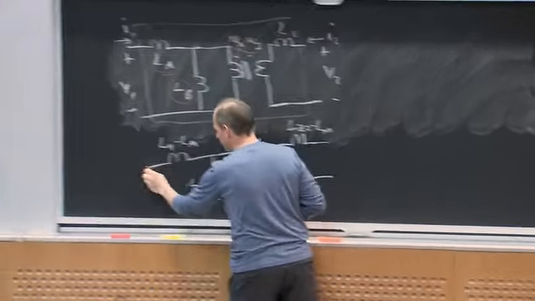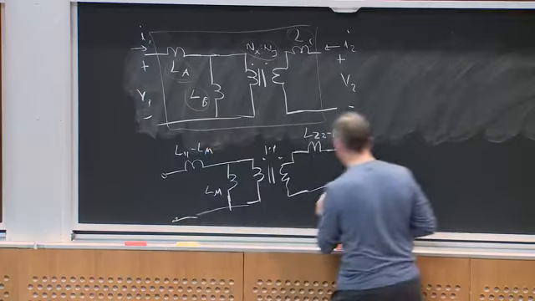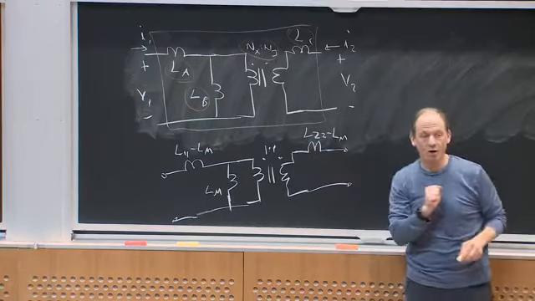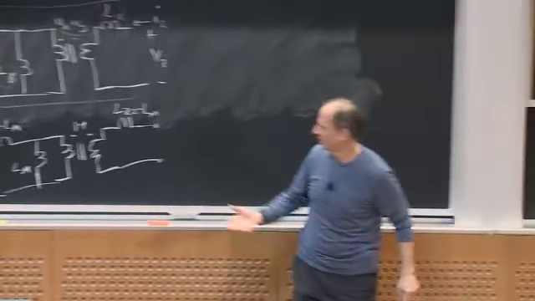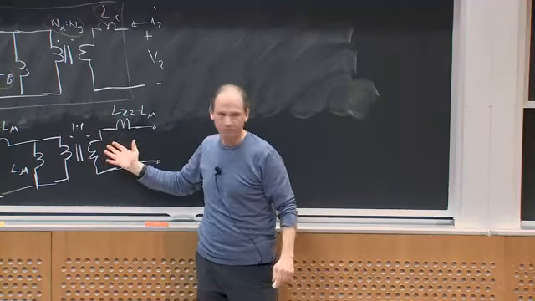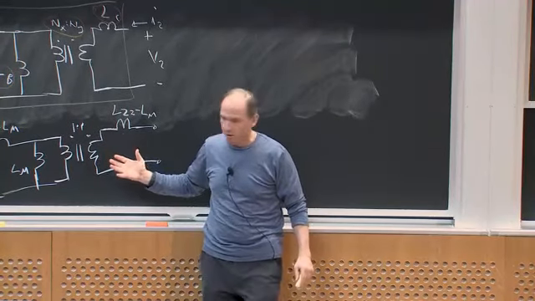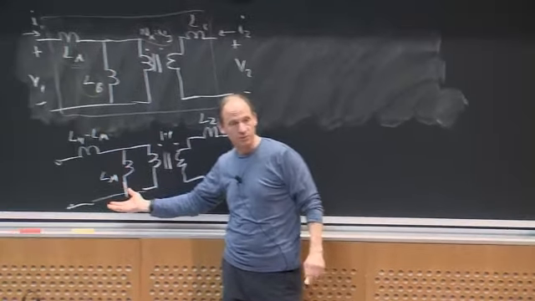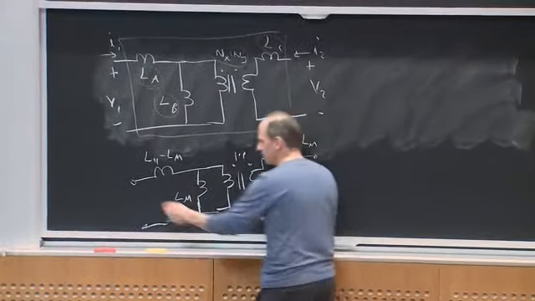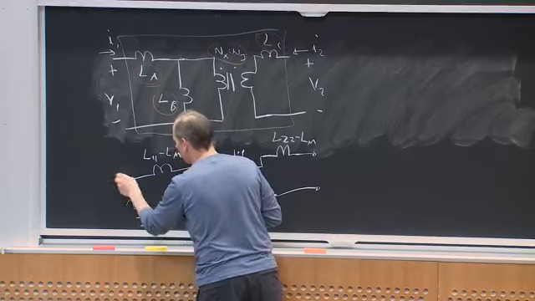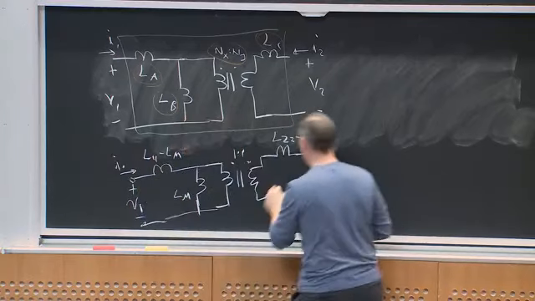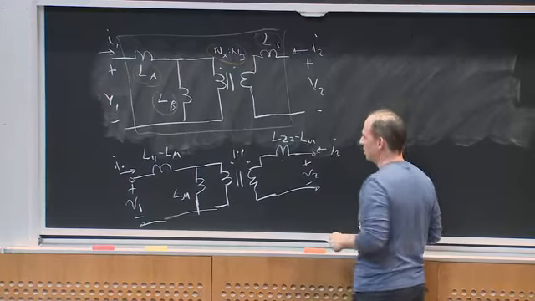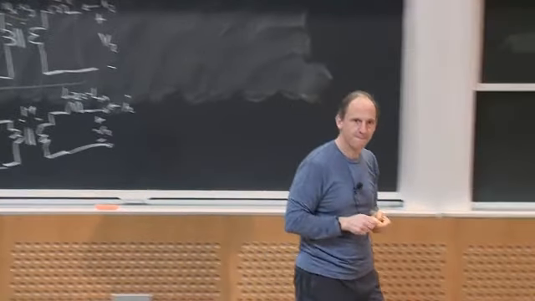So the nice thing about this circuit model is if I know the inductance matrix, and all I know is the inductance matrix, this is a perfectly good model for a transformer. The parameters may not represent anything physical, but it still gives me the right relationships between V1, I1, and V2, I2. Any questions about that?